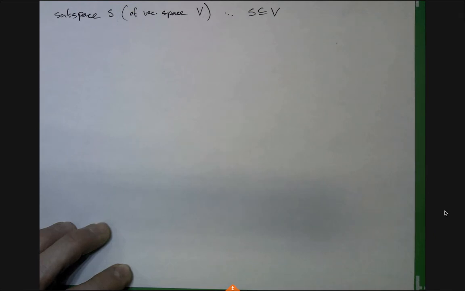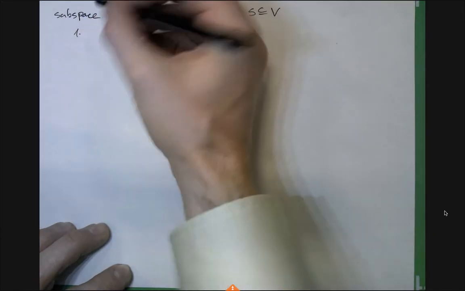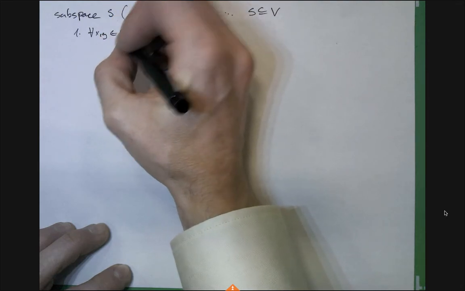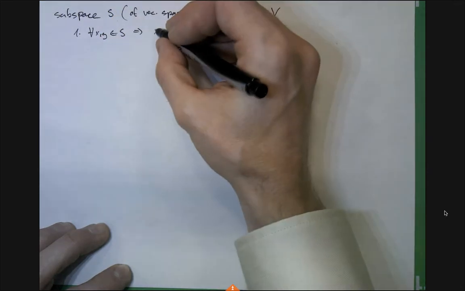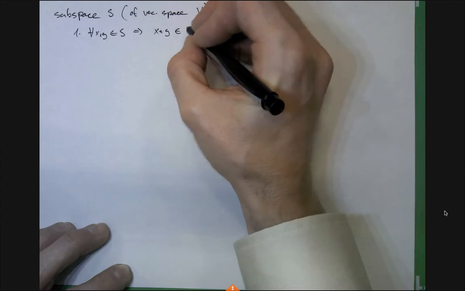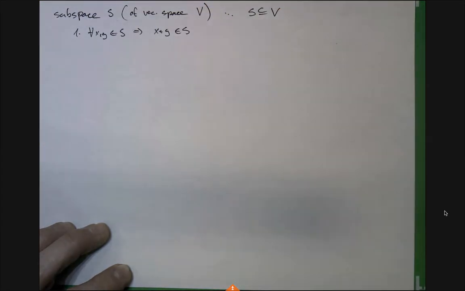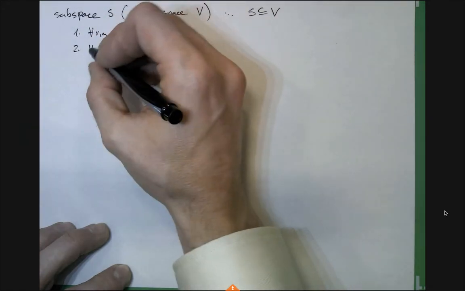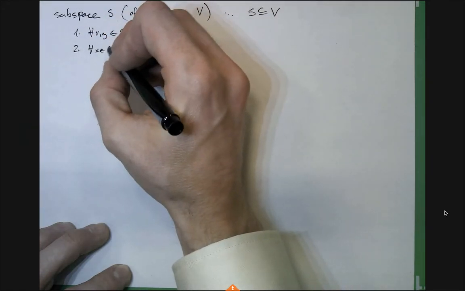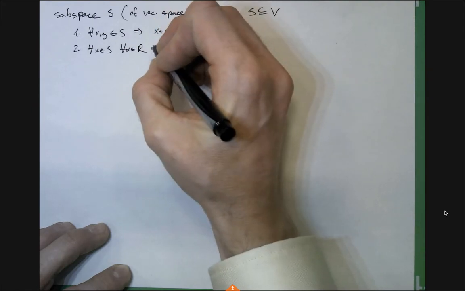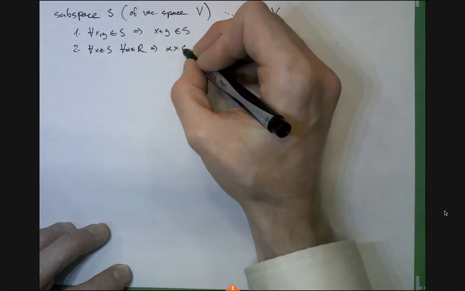Exactly. So first is closure over addition. Closure means that if I take any 2 vectors x and y from the subspace, then x plus y is also going to be in the subspace, where this plus refers to the vector addition from the vector space V. Property number 2 is that for every vector x in the subspace and every scalar alpha, the scalar multiple of x is also going to be in the subspace.